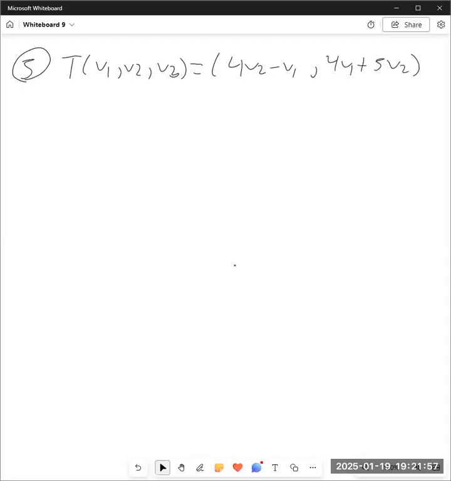V3 is not part of the right-hand side there. So that's going to be important when we do the pre-image. That V3 can be anything we want it to, since it's not involved in the calculation.